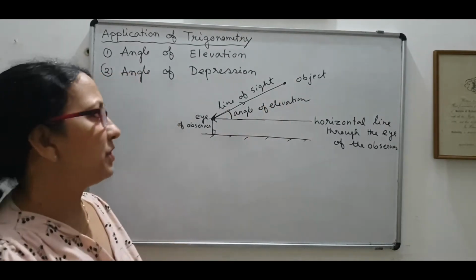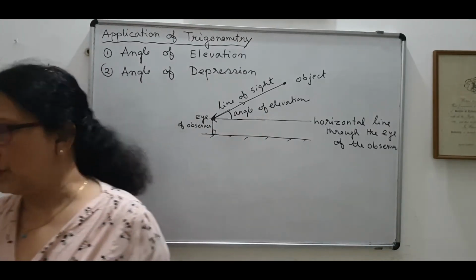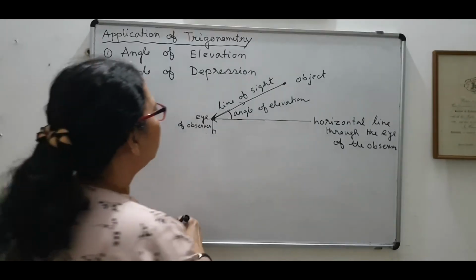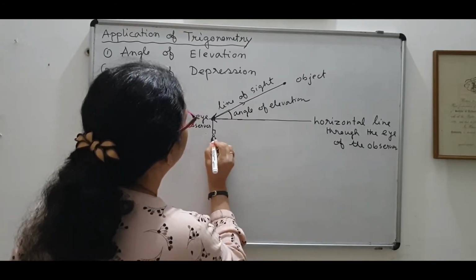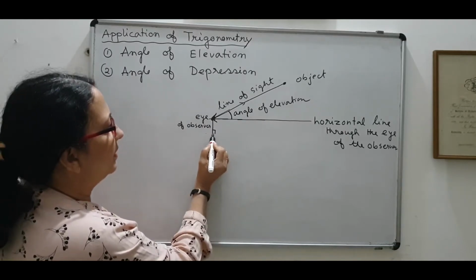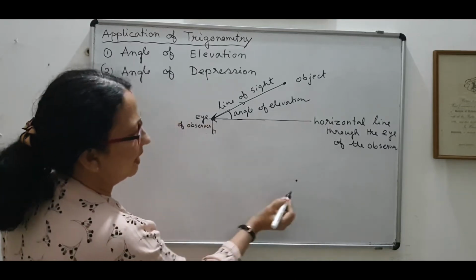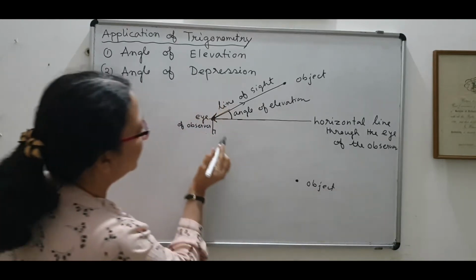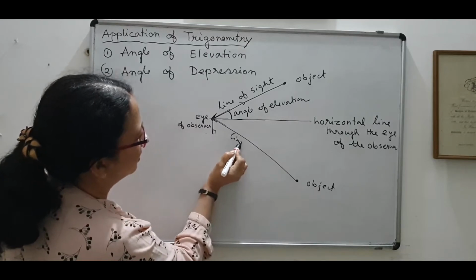And the same thing, suppose the object is below the eye of the observer. Suppose now I have to change it. Now it cannot be a ground. Suppose now the observer is here and he is looking at something, say here, below his eye level. Now if the object is here, then when he is looking at the object, this will become his line of sight.